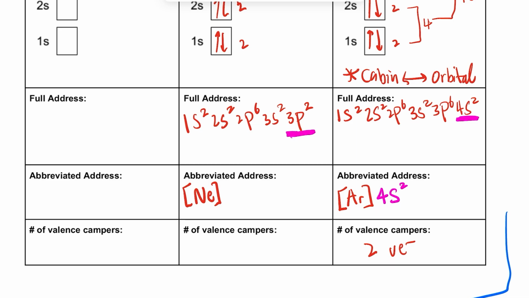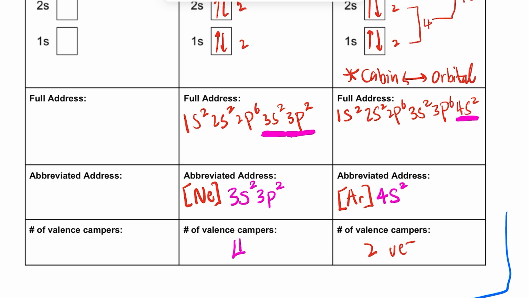This is 3p, which means the third energy level is considered the highest energy level, so you have to include everything from the third energy level, anything that has a 3 in it. That's 3s2, 3p2, and that's it.